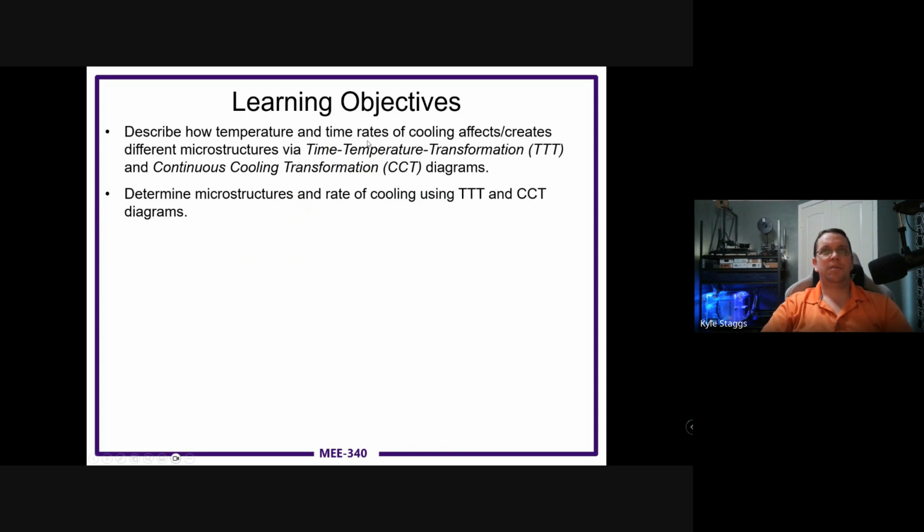So this time temperature transformation and continuous cooling transformation diagrams, these are another piece that we're going to cover in order to understand better different temperatures at a given composition, right? So it's just this vertical line we're following. It's another way to see what's happening in terms of the curvature of the materials.